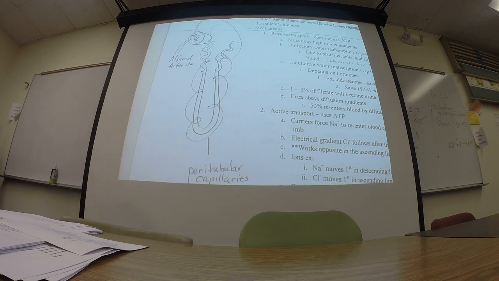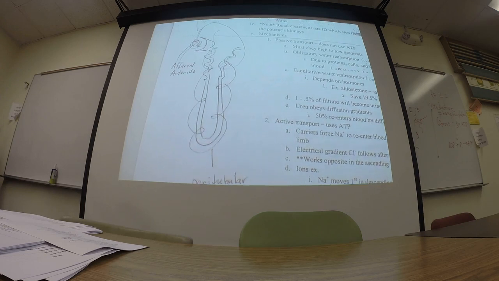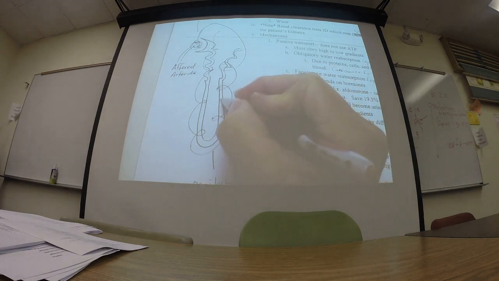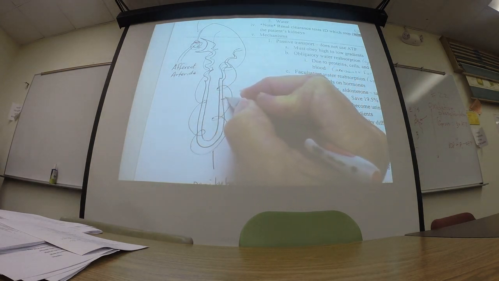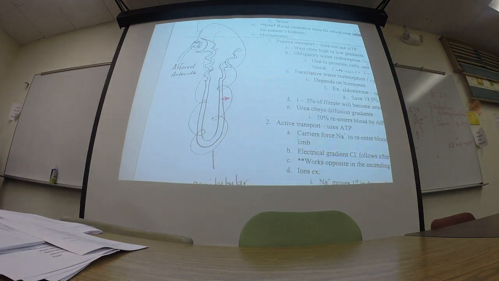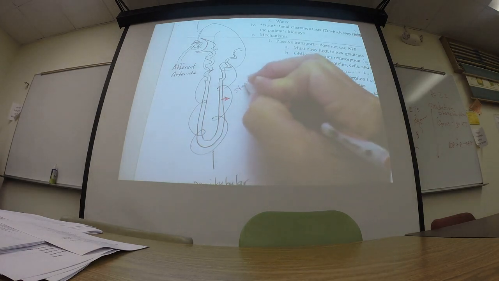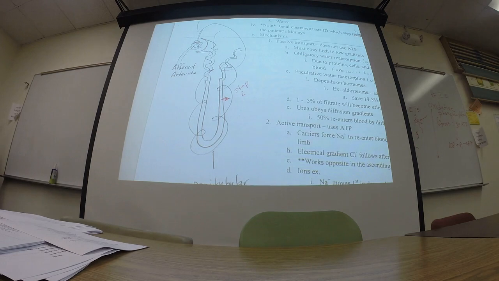The reason I made you redraw the picture is where this step is going on is from here, your waste in a nephron, and you're getting kicked out of the nephron and put back into the bloodstream. So you're going that way, back into the peritubular capillary. So this is where step 2 is happening, and in that direction.